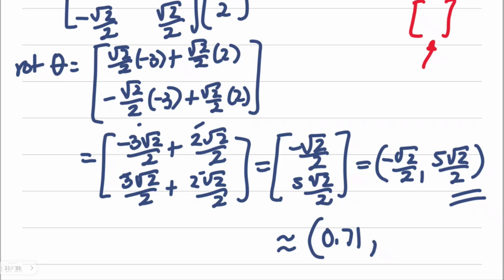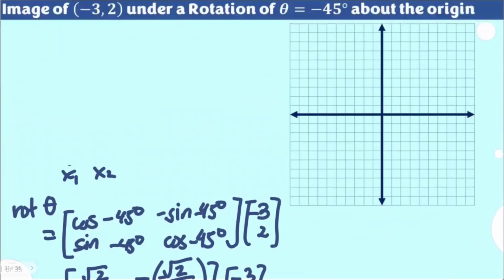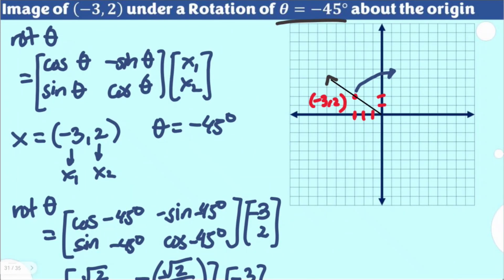And for the other one, you have 5 square root of 2, then divide by 2, it's approximately 3.54. Let's show this on our Cartesian plane. By the way, this is negative, right? Negative square root of 2 over 2 is negative 0.71. So here, negative 0.71 is actually almost 1. So we did not reach 1 here. I'm talking about this area.